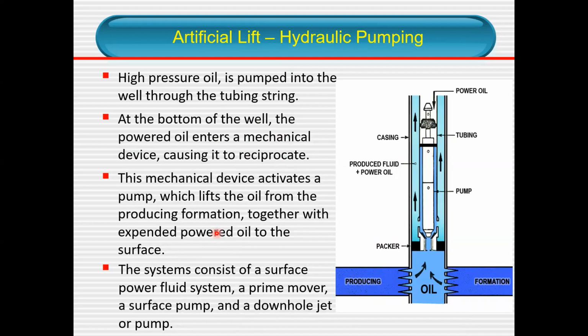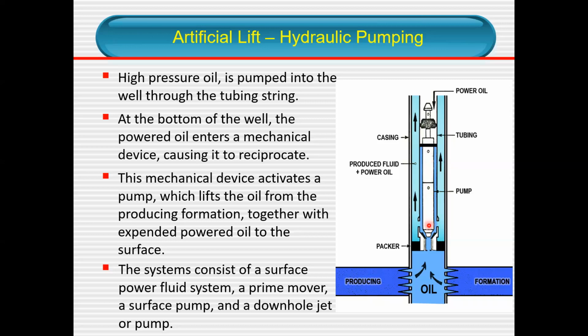This is the fourth one, hydraulic pumping. The concept again, whenever you use a pump, you are trying to pressurize the oil so that you can get the oil out from the reservoir to the surface. At the bottom of the well, the power oil enters. You basically use this hydraulic pumping to pump oil into it.